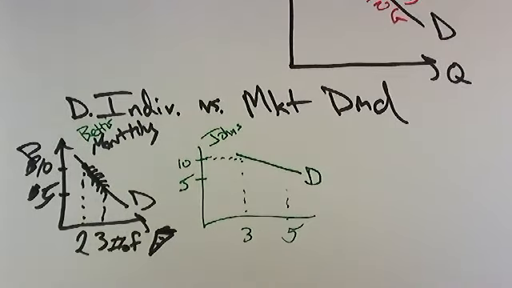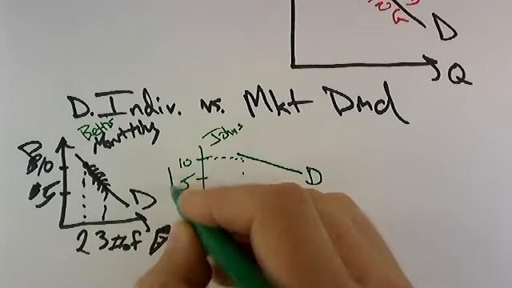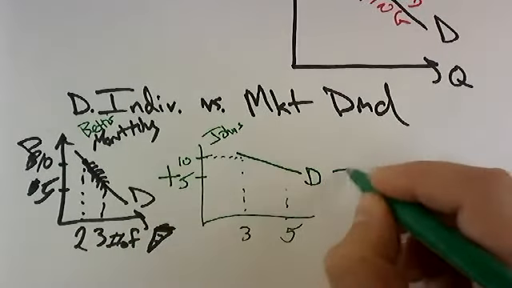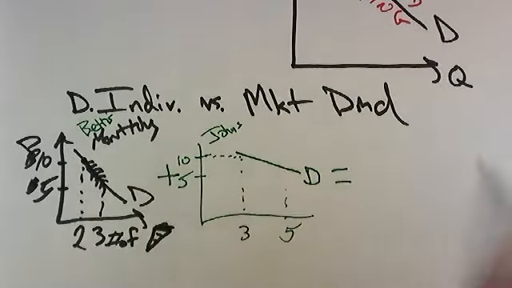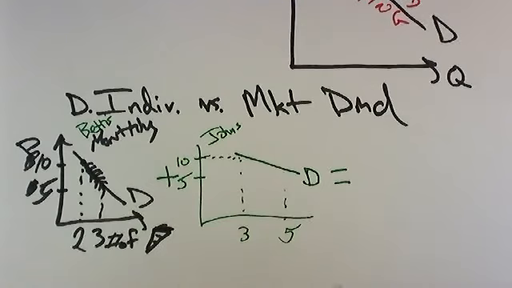And so the market demand curve is really nothing more than the summation of all the individual demand curves. So we're just going to use these 2 right now just to prove the point. If I only had John and Beth as my consumers, and let's say I was going to price things at $10, how much is my total market demand going to be?